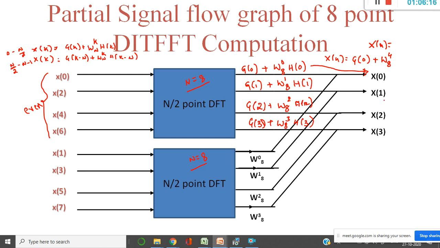Because I am trying to calculate for k equal to 4 times h of 0. Now what can I write for this? W_8 to the power of 4 is equal to minus W_8 to the power of 0, which we already discussed, right? Sorry, this is W_8 to the power of 0.